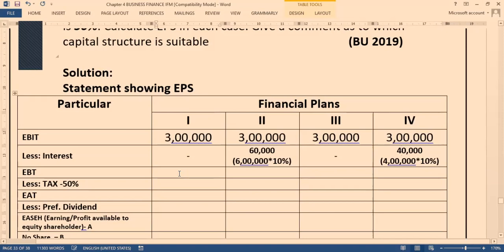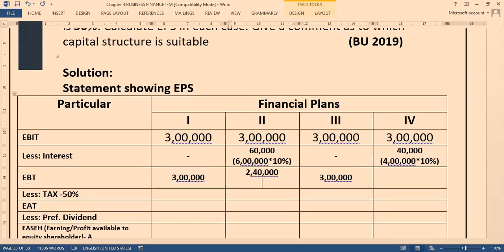Now we subtract the interest from this 3 lakh. For financial plan 3, it remains the same at 3 lakh because there is no interest. Whereas here there is interest, so we have to deduct it. 3 lakh minus 60,000 gives around 2 lakh 40,000.